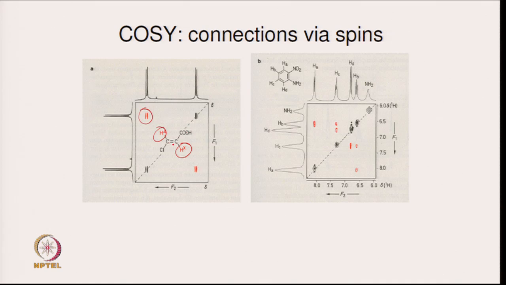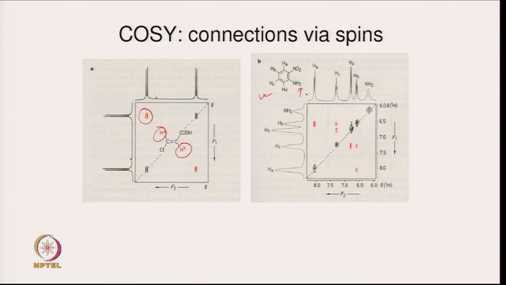Now, if you look at this compound, which is ortho nitroaniline, in this case there are 4 different kinds of proton which are attached to carbon, and there is one more which is attached to your NH2 group.